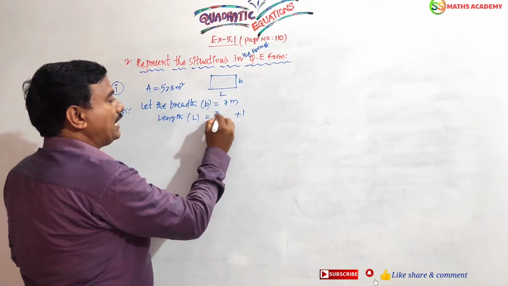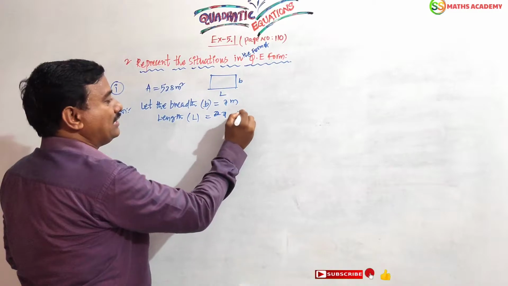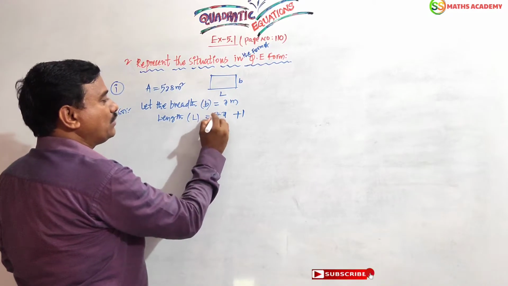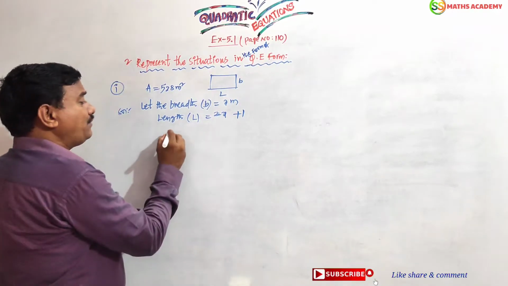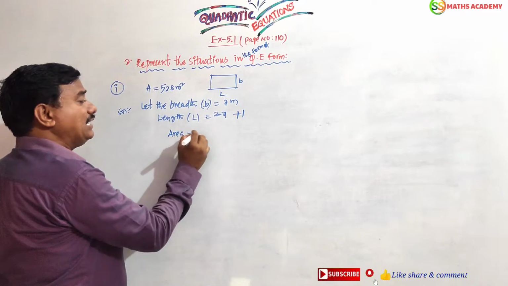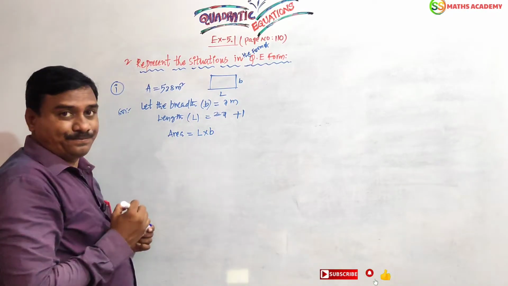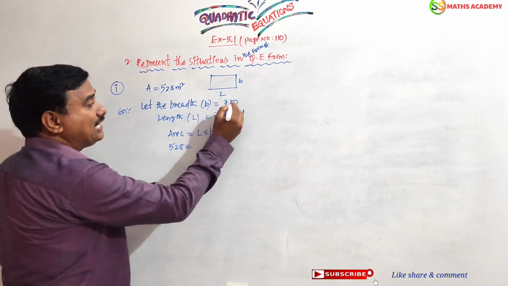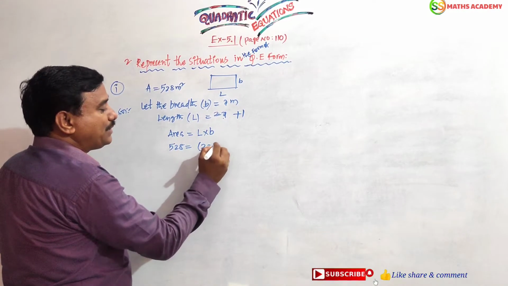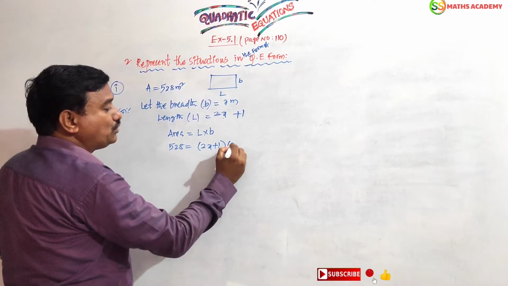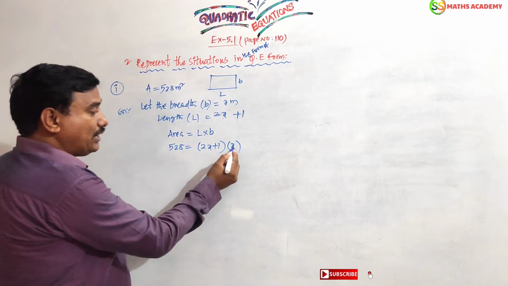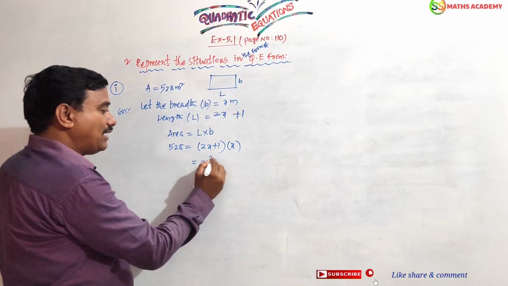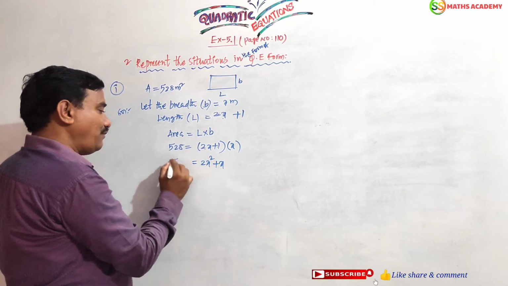So 2x plus 1, it is the length. Now what is the formula for area of rectangle? L into B. The area is 528. The length is 2x plus 1. The breadth we have chosen is x. Now x into 2x plus 1 gives 2x square plus x, equals 528.